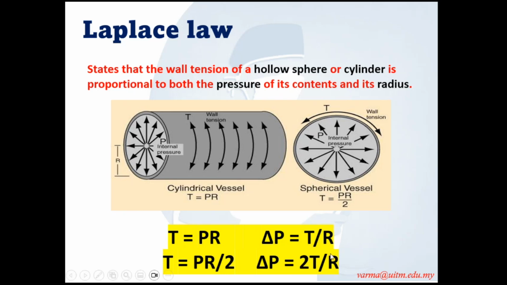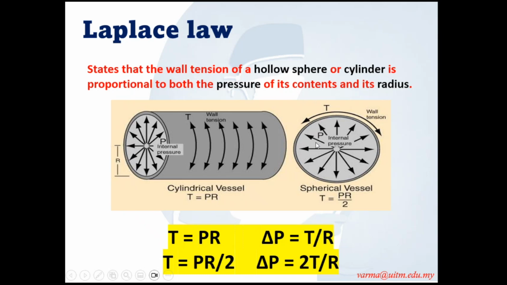Because the wall tension is maintained, as the vessel will dilate while the blood pressure keeps increasing. If you look at it, if the pressure increases, the wall tension must increase, but the vessel will vasoconstrict to reduce the radius, to reduce the tension. The auto-regulation is mainly based on your LaPlace's law, especially for your cerebral blood flow.